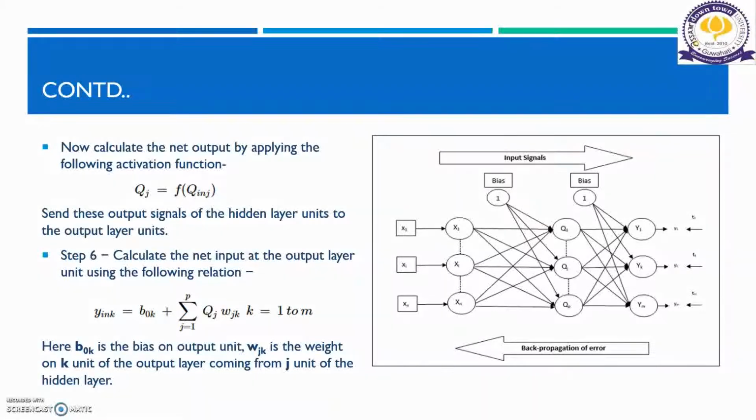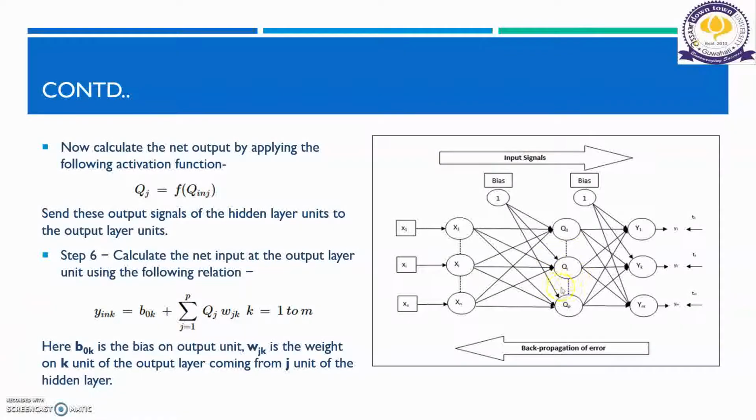Multilayer perceptron mostly uses a nonlinear activation function, more generally the sigmoid function. So after applying the activation function on your net input, we get the net output at the hidden layer unit.